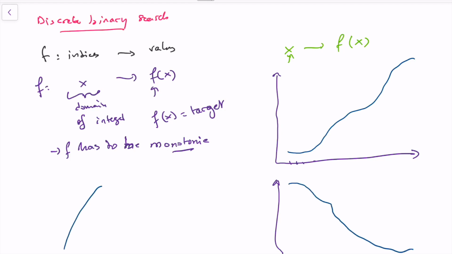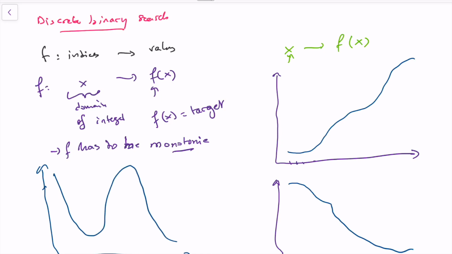You can't have this, this is not a monotonic function. So this one here that I've drawn is not monotonic. The other function that we can draw that is not monotonic is this one, because it goes down and then it goes up. Let's say this function here, like this. This is not monotonic because it goes down, goes up, and then goes down.